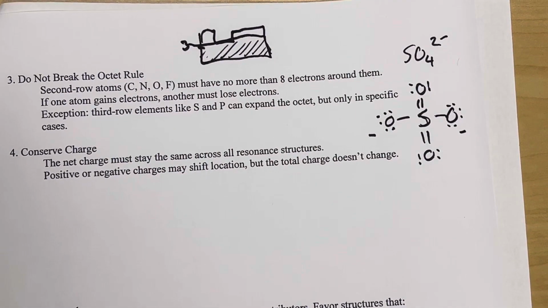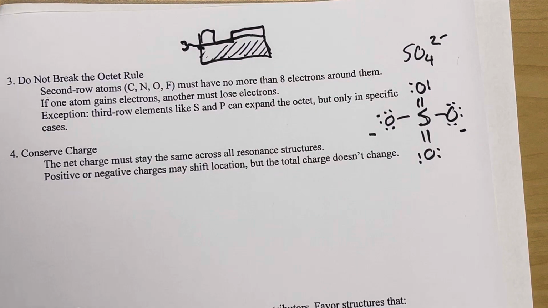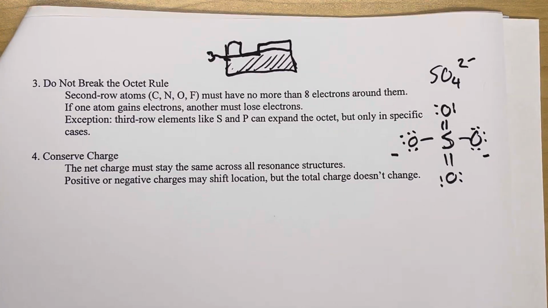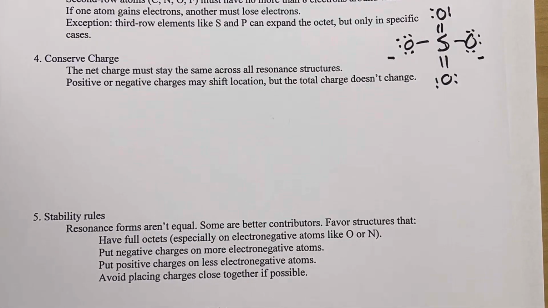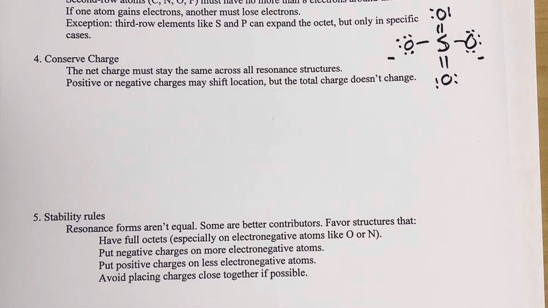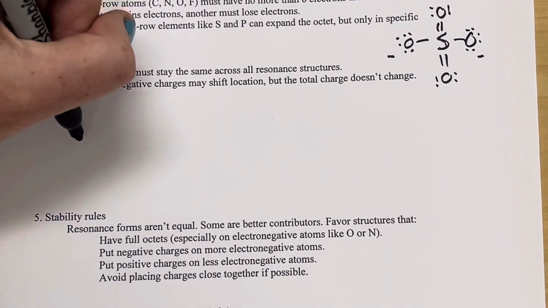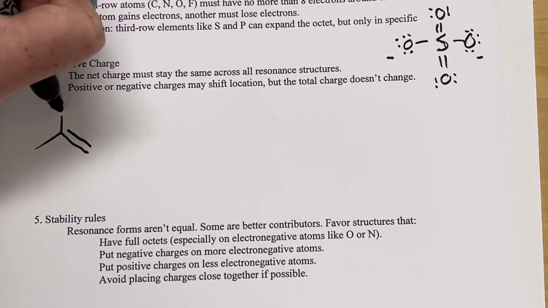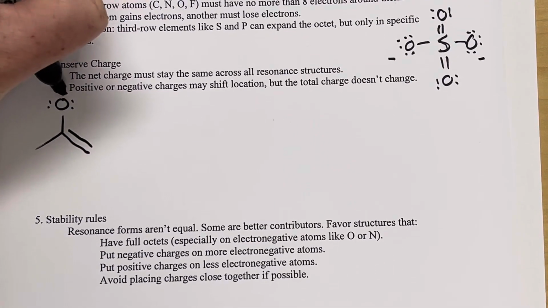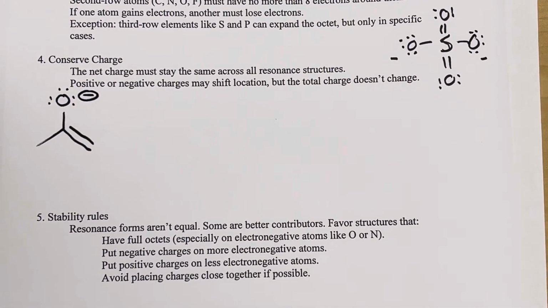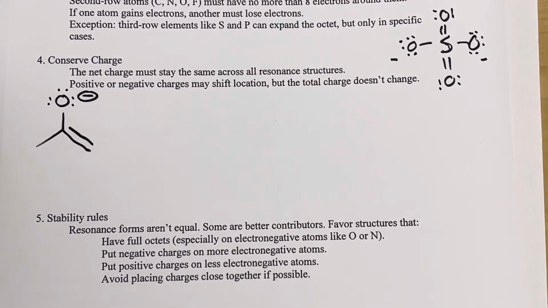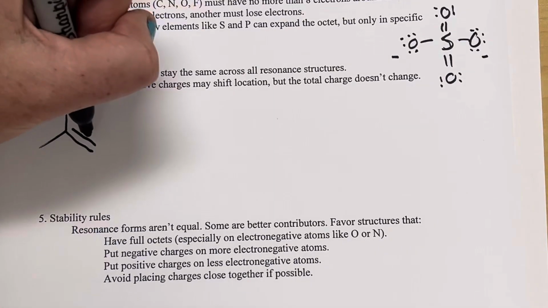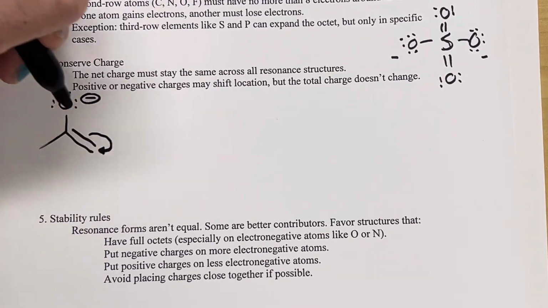All right, conserve charge. The charges must stay the same across all resonance structures. Whether you realize it or not, we've already been adhering to this rule. So for example, if we have something like this, I could technically, if I felt like it, take those electrons and put them there.